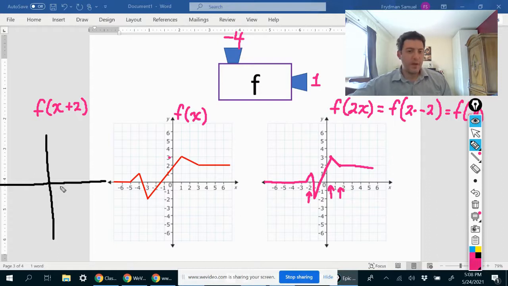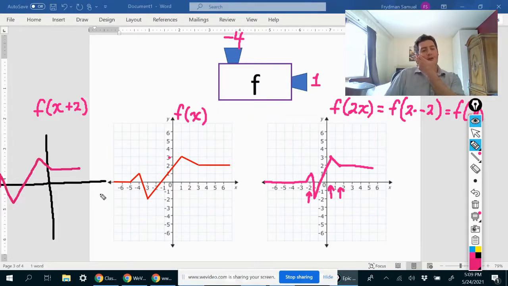If you remember, it was like this. Okay, so I'm not doing a very great job of drawing that. But the point is that this one is scrunched like that. Meanwhile, this one is not.